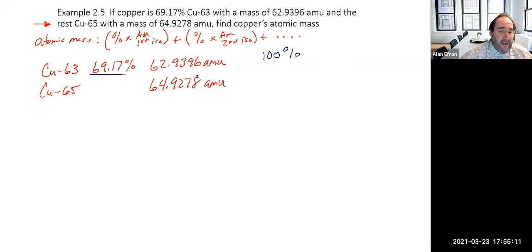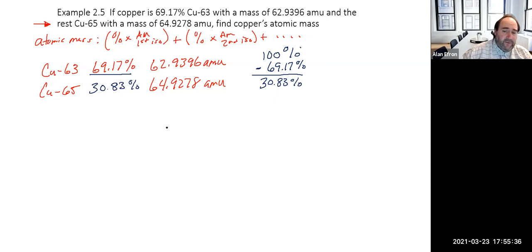We already know that 69.17% is the copper 63, that means that the other isotope should have a percentage of about 30.83 in this example. So the first thing we probably want to figure out is the percentage of that missing isotope.